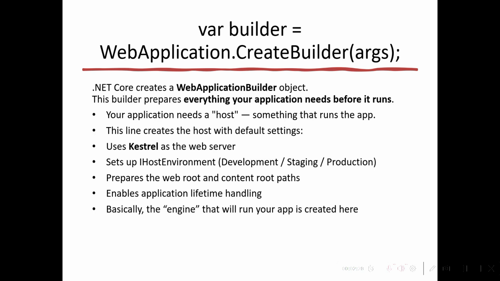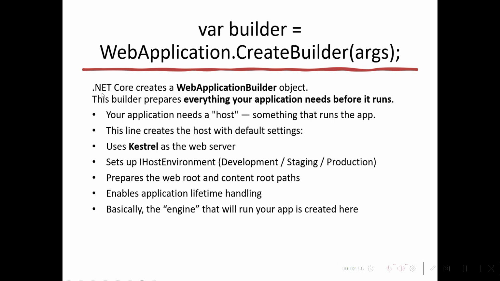Now let's go to that very first line. Once you open the .NET application, the very first line you will see is WebApplication.CreateBuilder, and it's accepting the parameter args. Have you ever thought what exactly this line means and what it is doing?